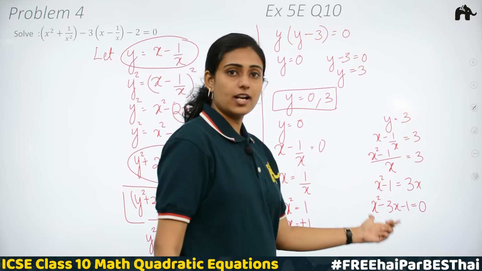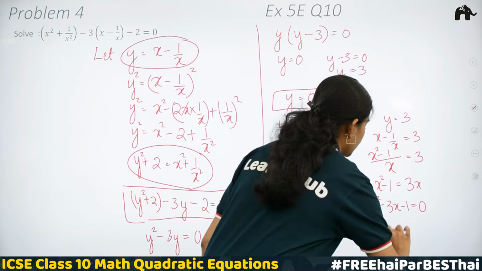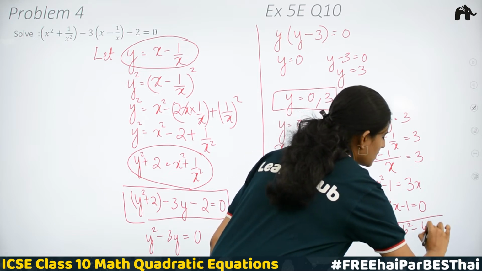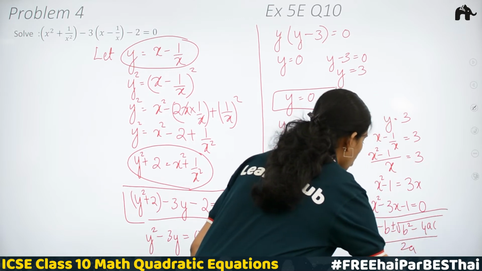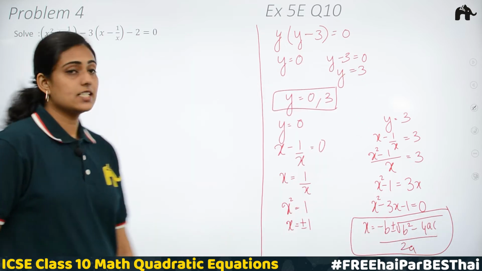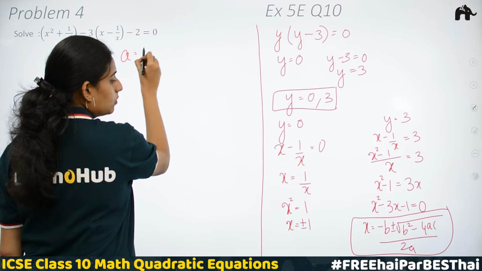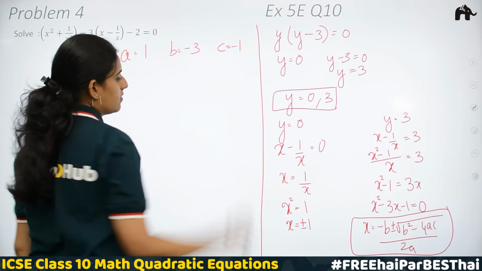Now, solve this quadratic equation. x is equal to minus b plus or minus root of b square minus 4ac divided by 2a, our quadratic formula. Substitute the values of a, b and c. Here a is equal to 1, b is equal to minus 3 and c is equal to minus 1.